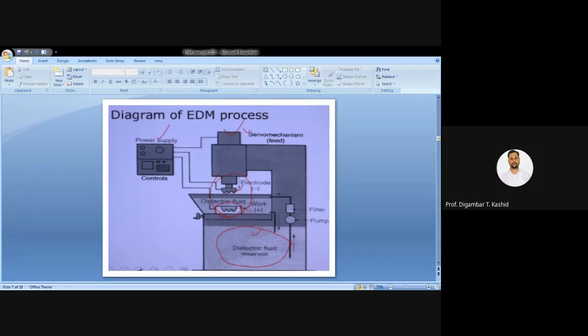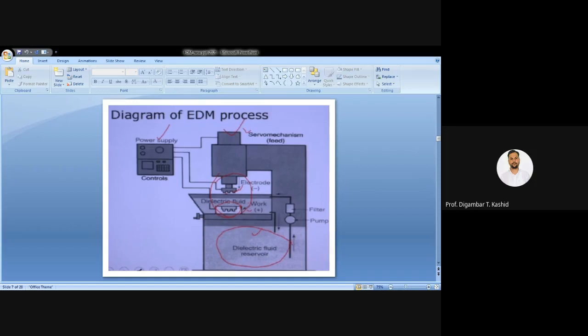For example, if you want to maintain the minimum interelectrode gap between the cathode, or your tool, and the anode, to maintain that small gap we need a servo mechanism.